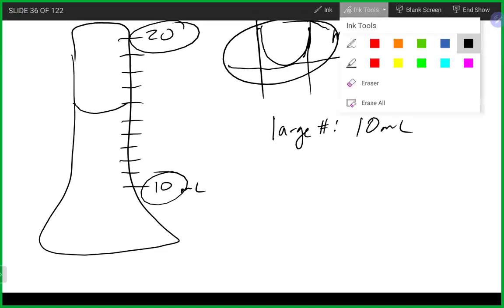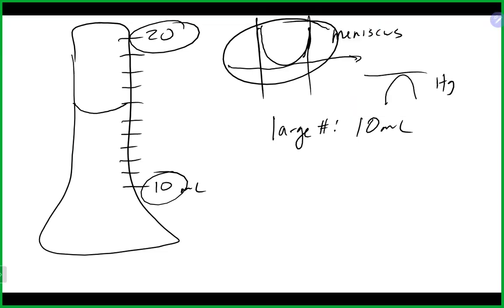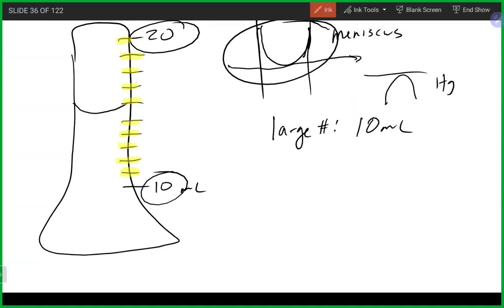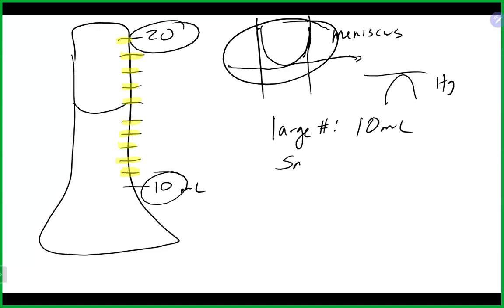Once again, if we count starting past the last large number, 1, 2, 3, 4, 5, 6, 7, 8, 9, and 10, we have 10 small markings, which means each small marking represents 1 milliliter. 10 divided by 10 is 1 milliliter. That would be 11, 12, 13, 14, 15, 16, 17, 18, 19, and 20.